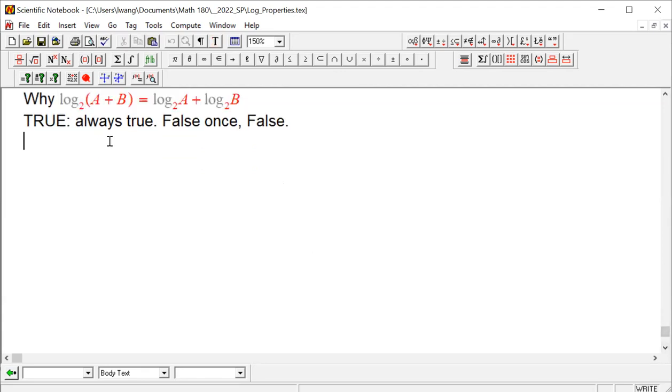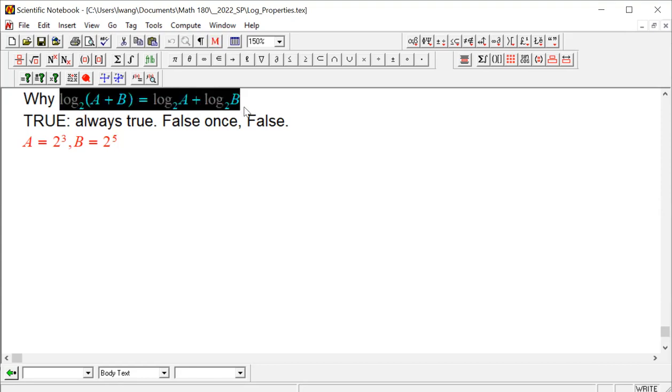So in this case, suppose I have capital A equal to 2 to the power of 3, and capital B equal to 2 to the power of 5. I will look at why this is false.